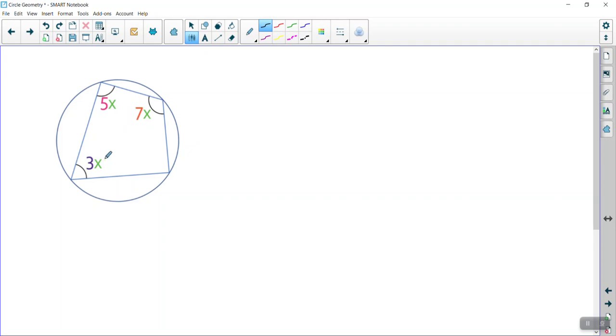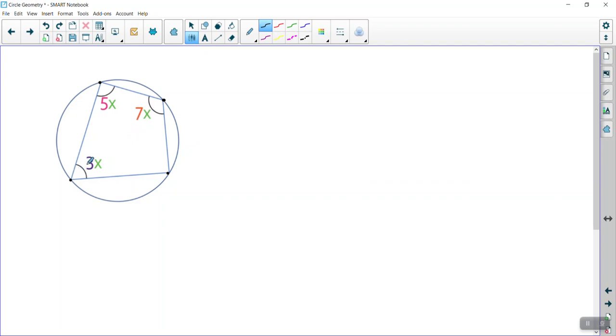Now here we are given no specific numbers, but all the values are in terms of x, and we have to find each of the angles. To solve that, we'll again use the property of the cyclic theorem as we identify that this is a cyclic quadrilateral.